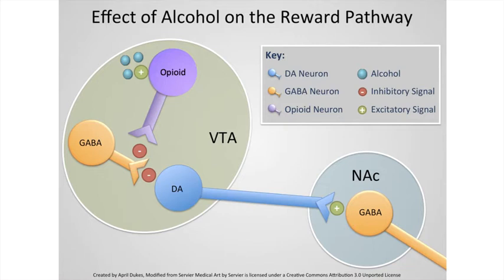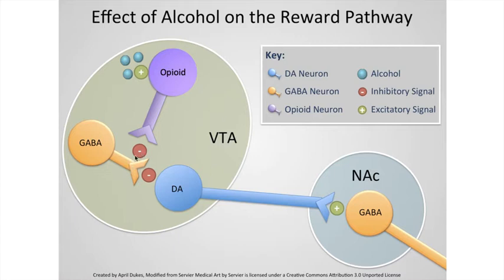The opioid receptor system is all metabotropic, so alcohol is going to drive this opioid neuron, and it's going to release its opioids, and then it's going to inhibit this GABA neuron, right? So it's interacting with the metabotropic opioid receptor on this GABA neuron that's going to inhibit the release of GABA.